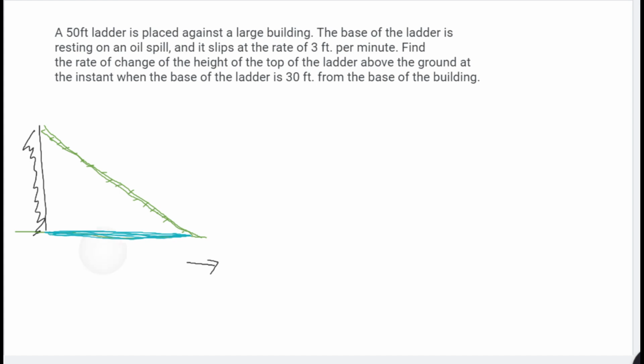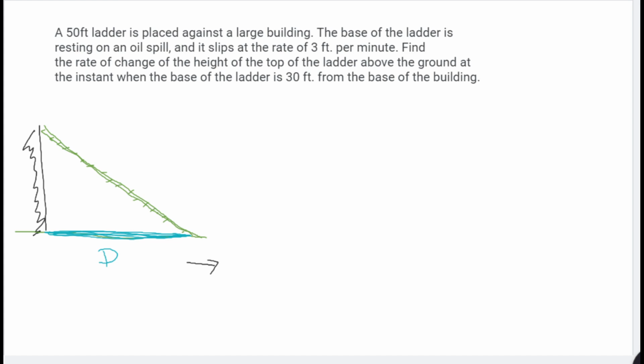So we're going to call this D. That's basically the distance between the bottom of the building and the bottom of the ladder, right? So write it down. There's this quantity involved.